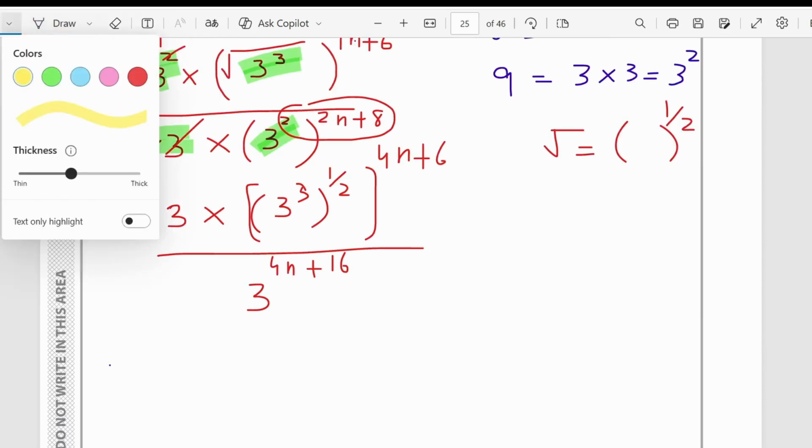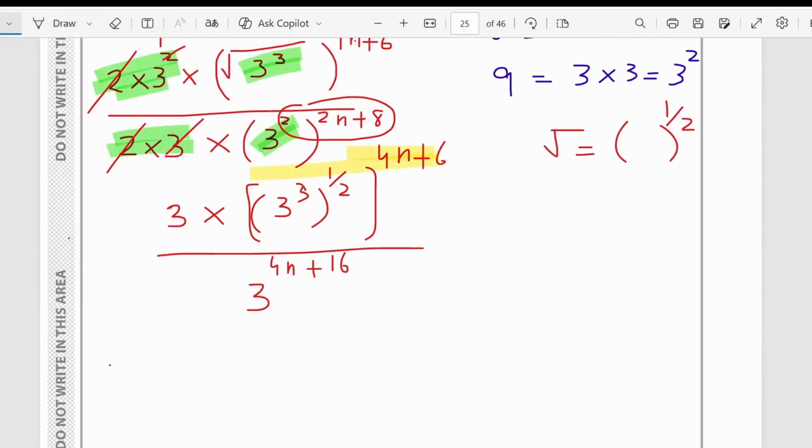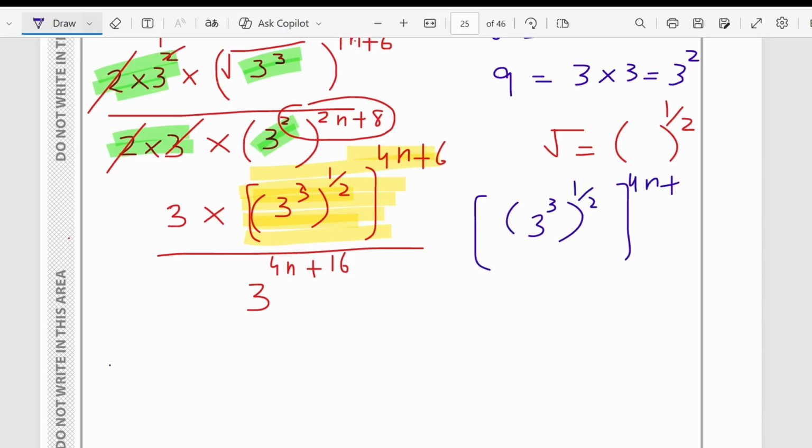Now I'm going to take this whole part separately, solve it on one side, and then replace the values over here. If I take 3 cubed raised to power 1 by 2, then whole raised to power 4n plus 6, that would be 3 cubed. First of all, I'll solve the part 1 by 2 with 4n plus 6.